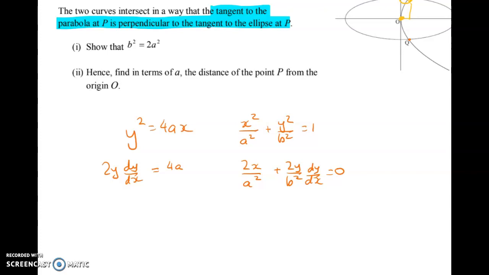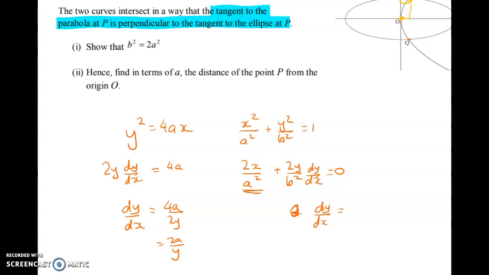What we have to do next is we're going to find an expression for dy by dx for each shape. So here we get 4a over 2y, which is 2a over y. And over here for the ellipse, dy by dx works out to be, what have we got?